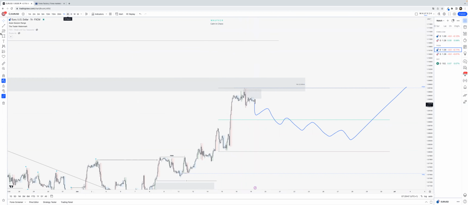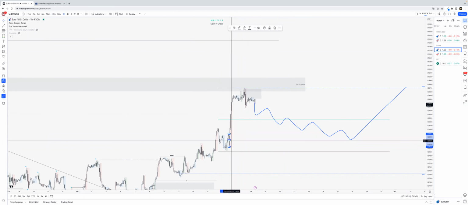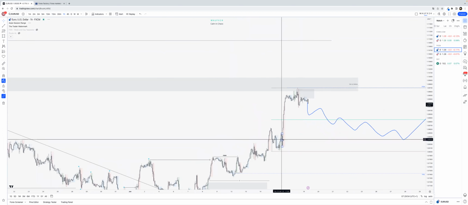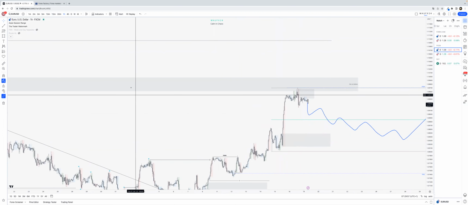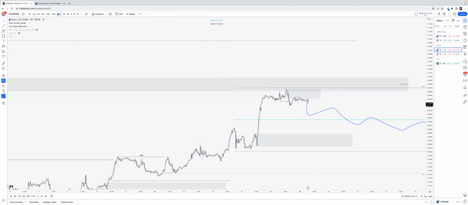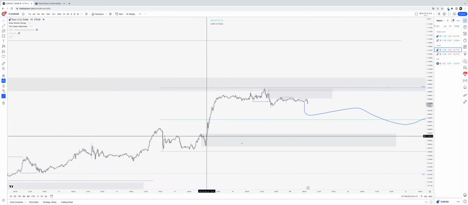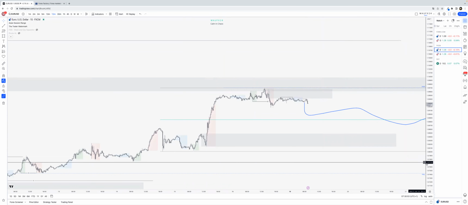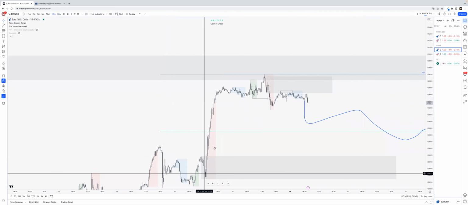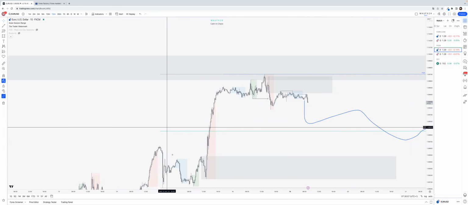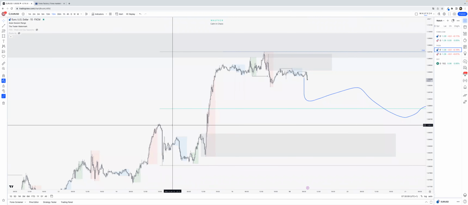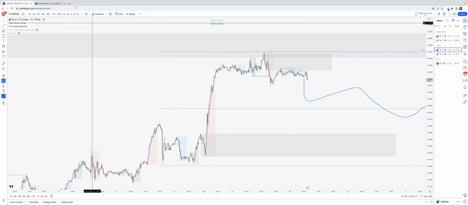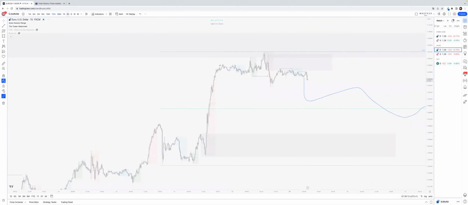But if we get a confirmation trade from this area, which didn't take any liquidity, this is just continuation. It's not really any sweep of liquidity, just continuation up. But looking at this area for longs then. So that's my idea for now.